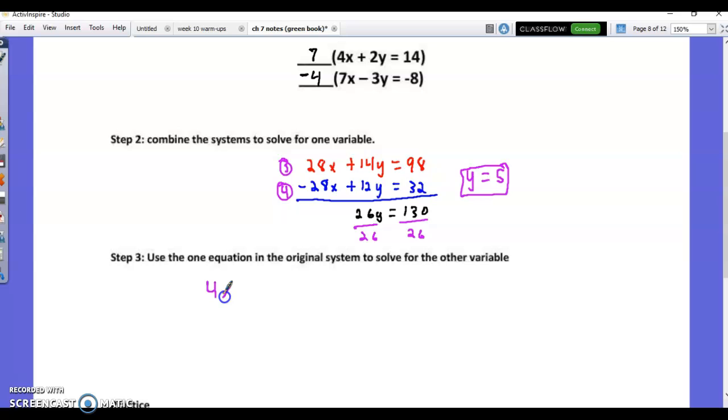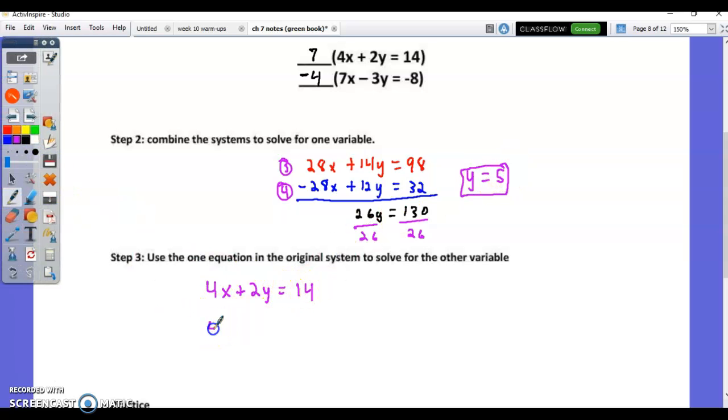So 4x plus 2y equals 14. I'm going to put my y, my 5, in for y. So 4x plus 2 times 5 equals 14. And do the math. 4x plus 10 equals 14. Undo the 10 by subtracting.